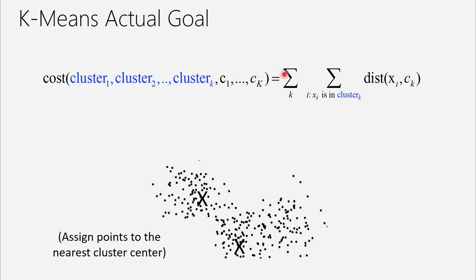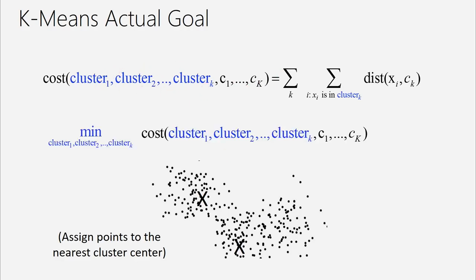Now, if we fix these CKs, fix the reference points, what's the best way to assign the clusters, assuming you fix the centers? And the answer is obvious. You just assign the points to their nearest cluster center, okay? And that's exactly what k-means does.